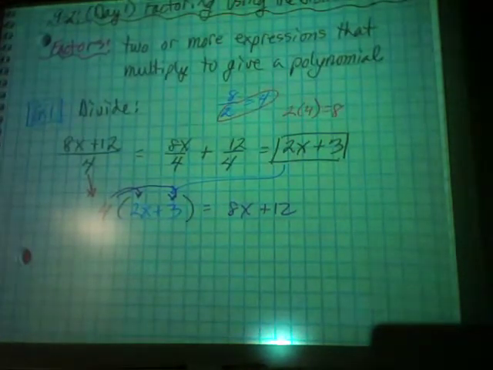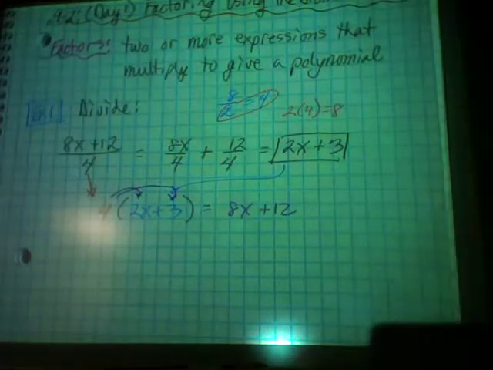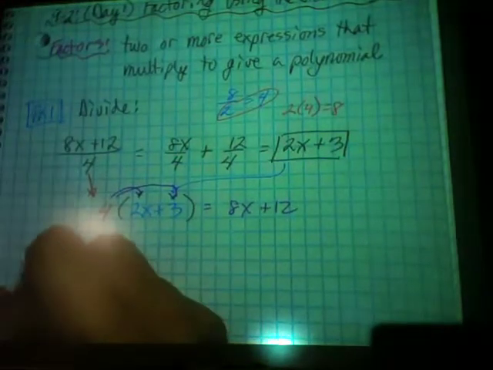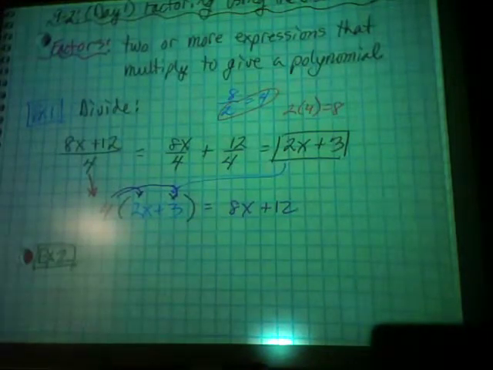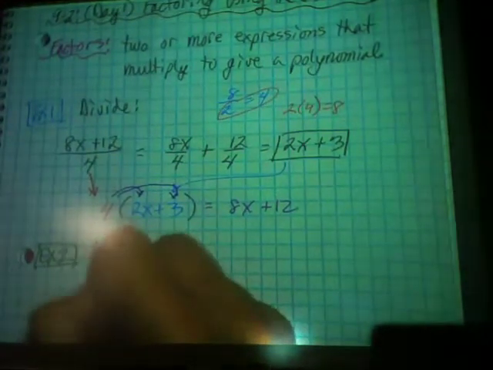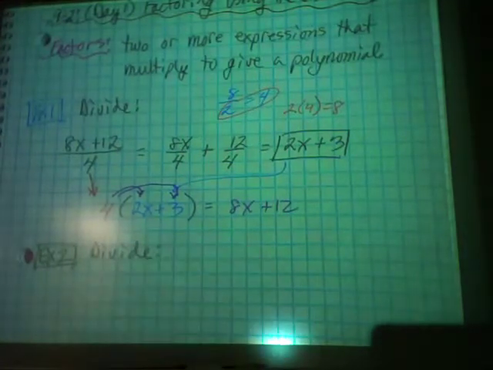Alright, so example 2, I want you to do this on your own. Use your exponent rules. So you've got divide. So we've got 15 x squared y cubed minus 45 x y squared all over 15 x y squared.